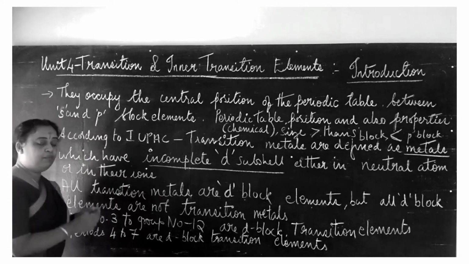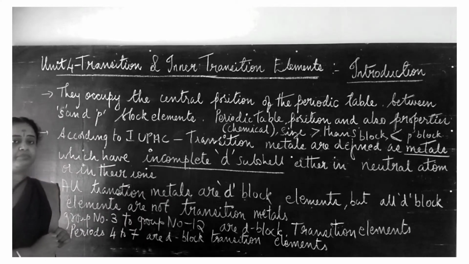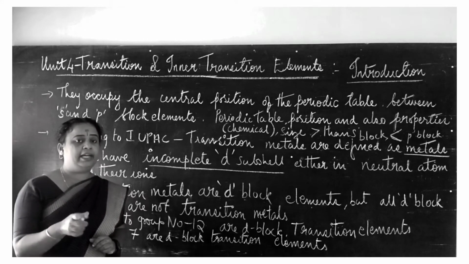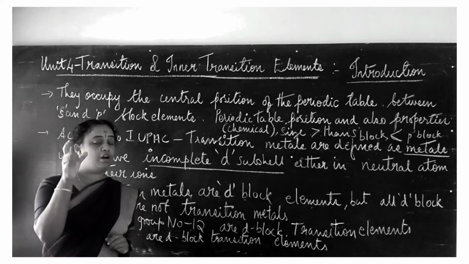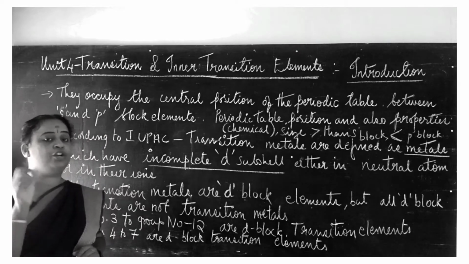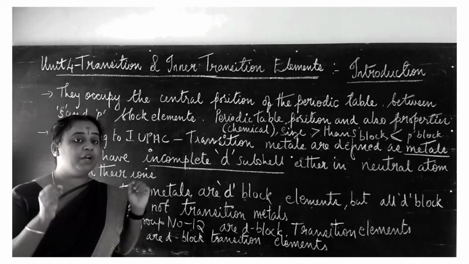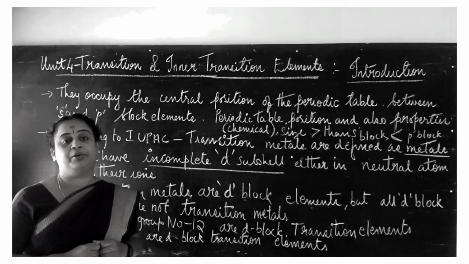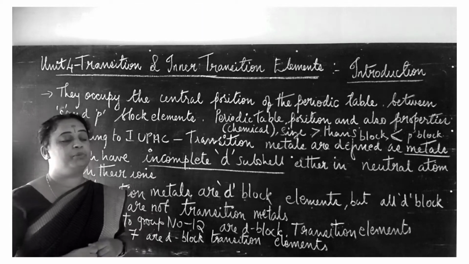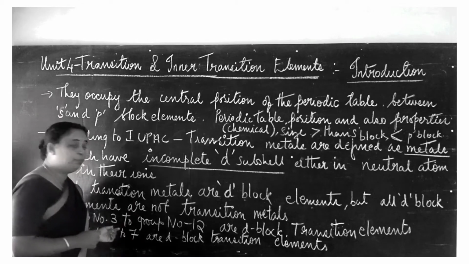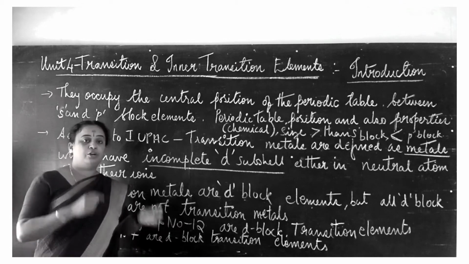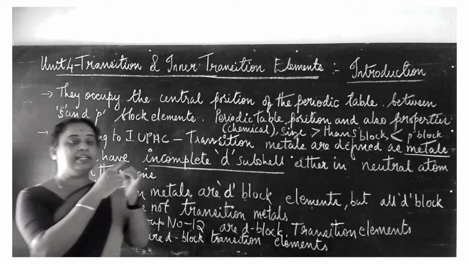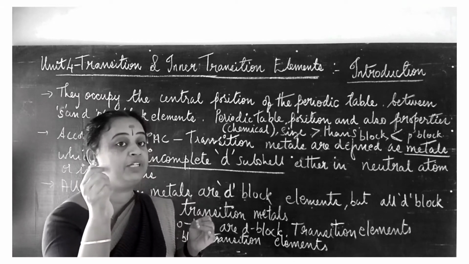Now, as I said already, the transition metals always occupy the center position of the periodic table. Looking group-wise, what are the groups included? They are group number 3 to group number 12: groups 3, 4, 5, 6, 7, 8, 9, 10, 11, 12.